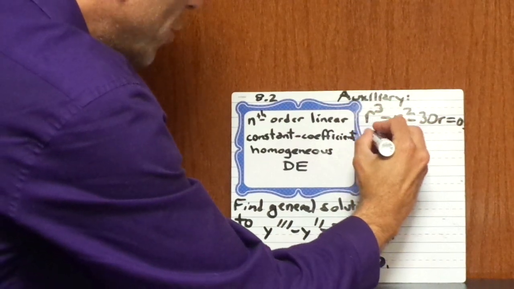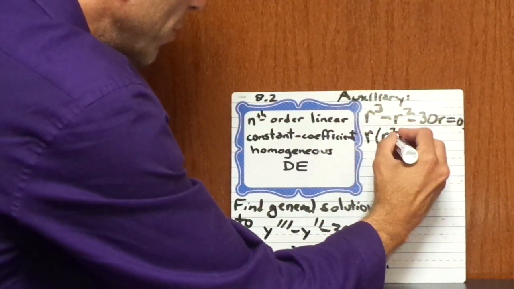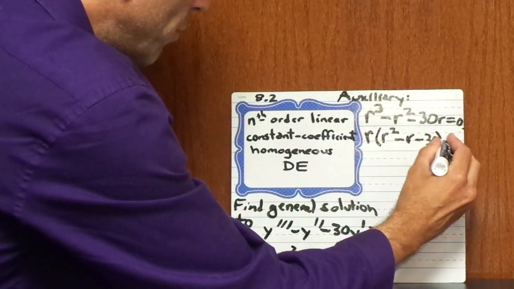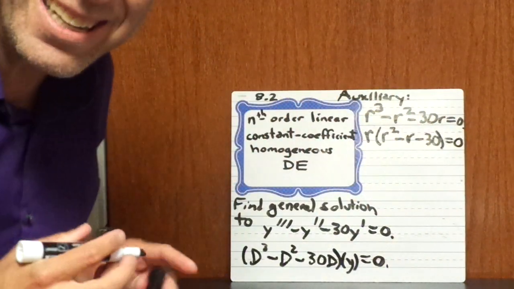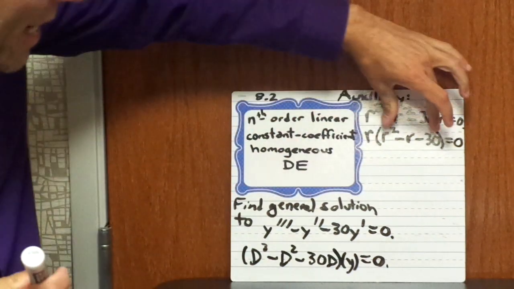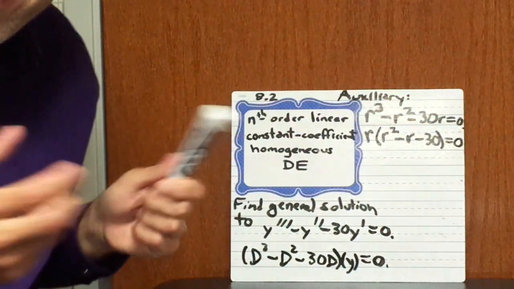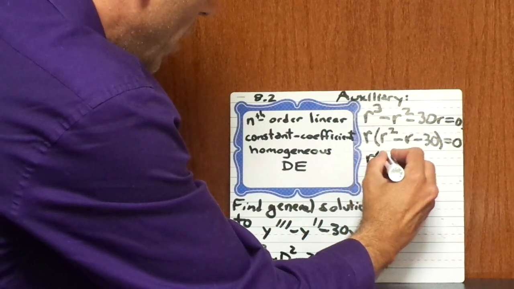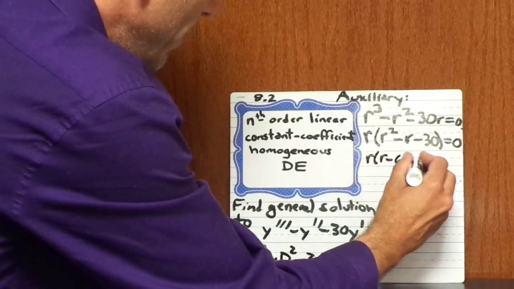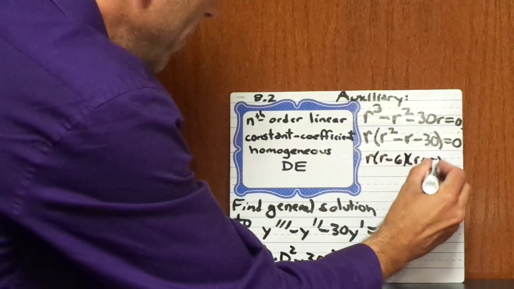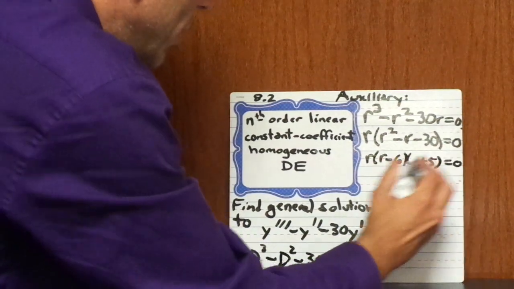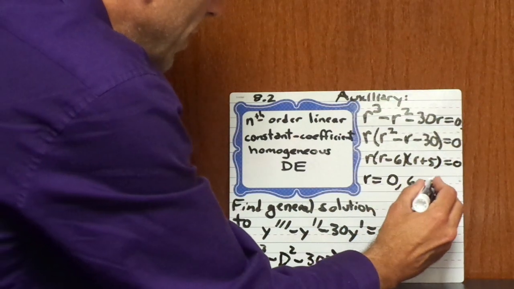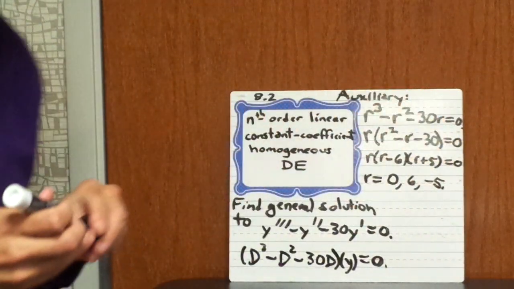So we can actually do the factoring ourselves. We can take out an r, and of course what we're left with is only a quadratic equation. So I can now take the quadratic equation and just factor it, right? So this is going to be r times r minus 6 and r plus 5 equals 0. And so my roots this time are 0, 6, and negative 5.